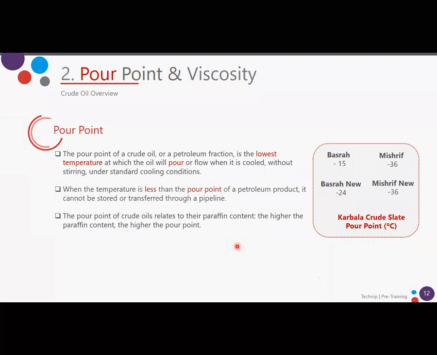Here we see the pour points of the crude oils that we will process in the Carvala refinery: minus 24, minus 36. It means that if you go below these temperatures, the crude oil will not flow without any additional help.